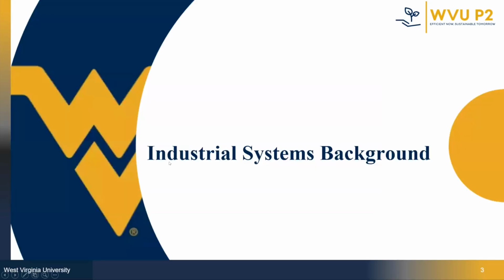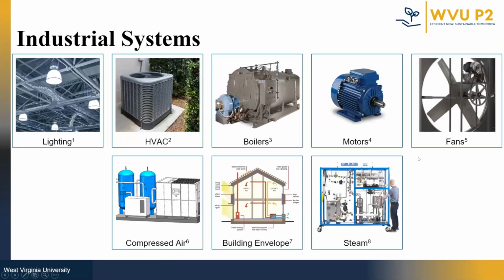Before we jump into the discussion about the compressed air system, let's look what we mean about the industrial system. So as discussed in previous presentation, the industrial system includes lighting, HVAC, boilers, motors, fans, compressed air, building envelope, and steam system.